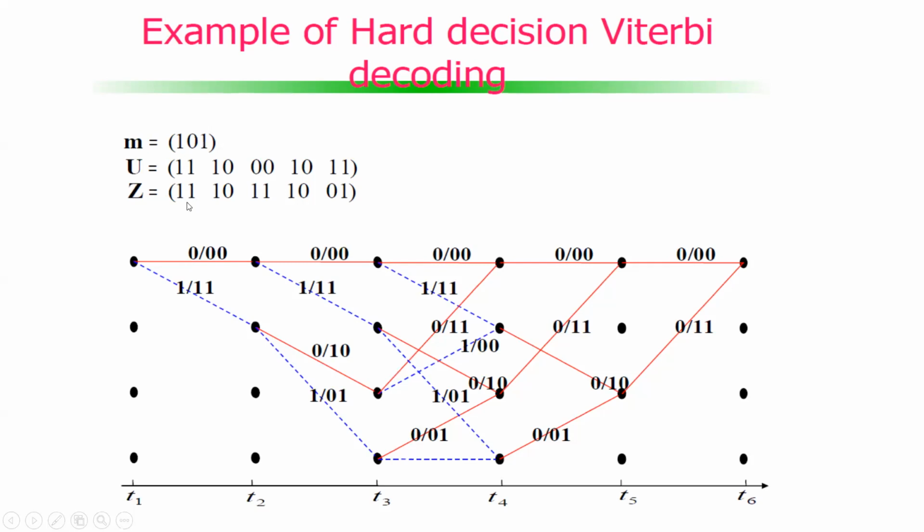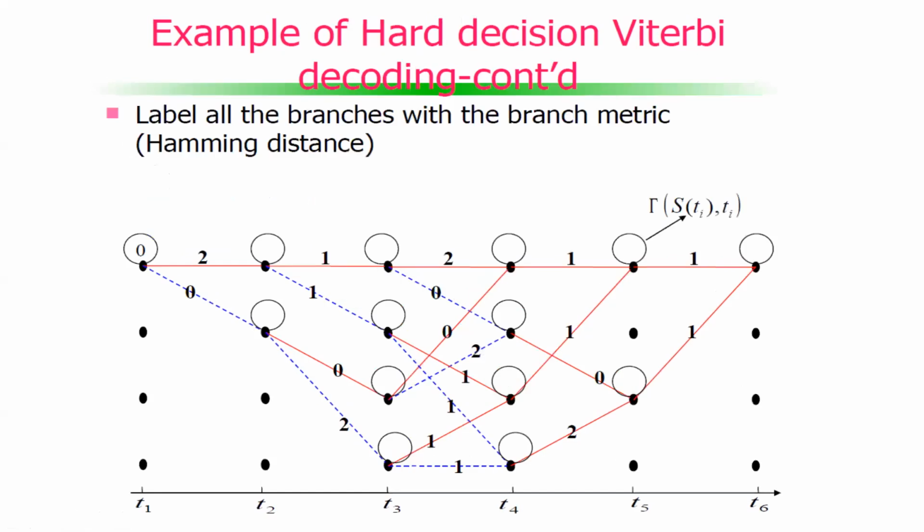It is 1, 1. Had 0 been the input, the output would have been 0, 0, but here the received is 1, 1. What is the distance between the two? It is 2, because they differ from each other in 2 bit positions. So we will write the distance here. It is 2.